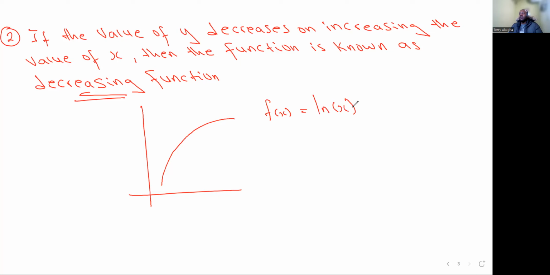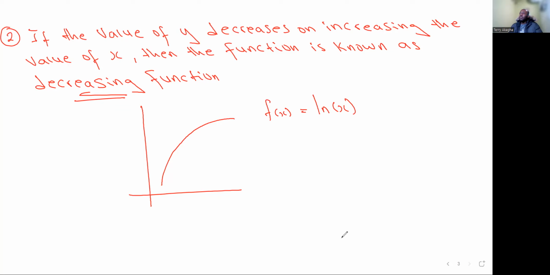Some textbooks can draw this another way. It can be drawn all going down, depending on how you want to look at it. But basically, what you need to know for a decreasing function is that as you're increasing the value of x, the value of y is decreasing.